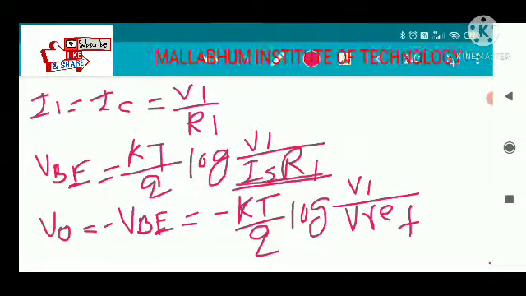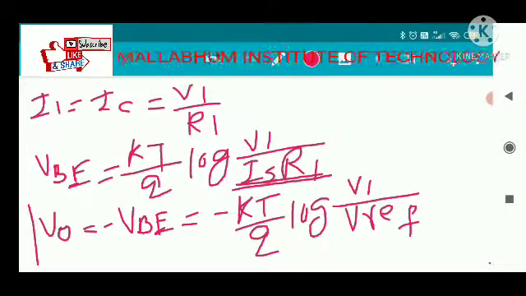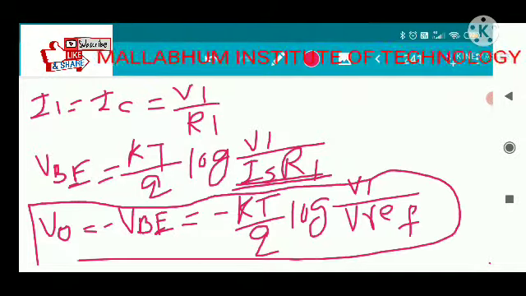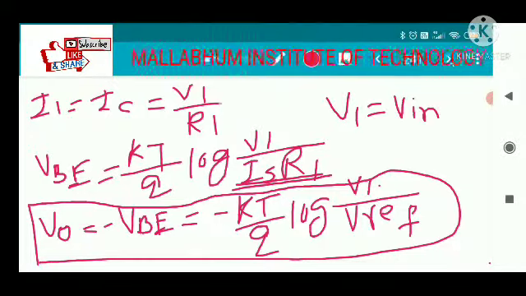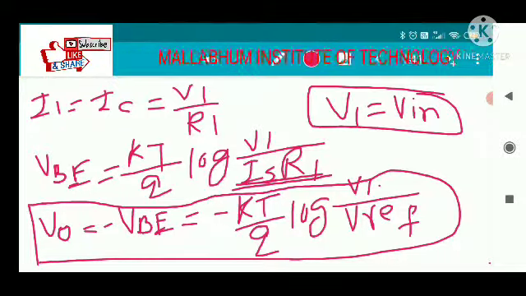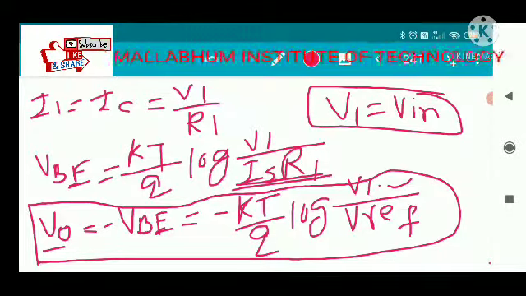IS into R1 we can consider as V reference. V1 is nothing but the input voltage. So the relationship between the output voltage and the input voltage is proportional to the logarithm of the input voltage.